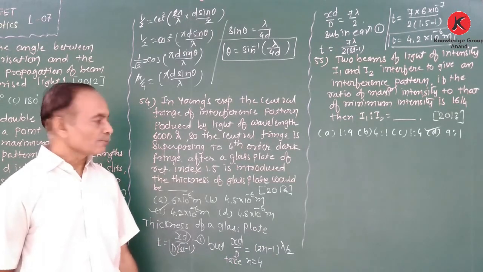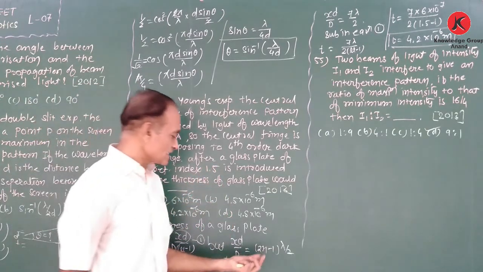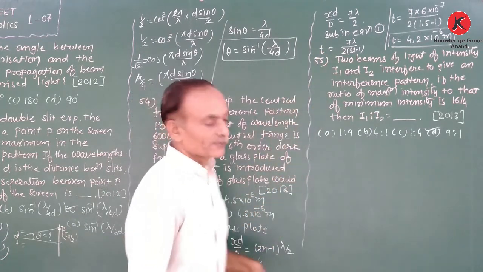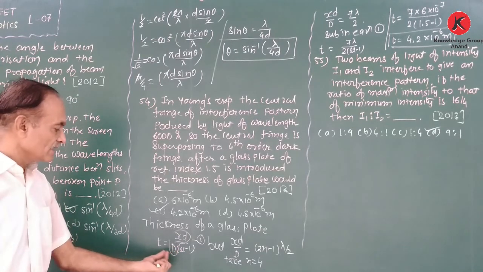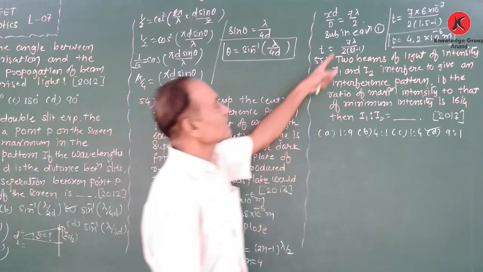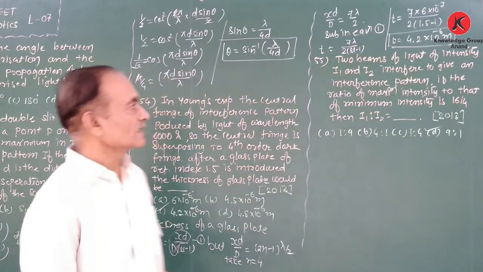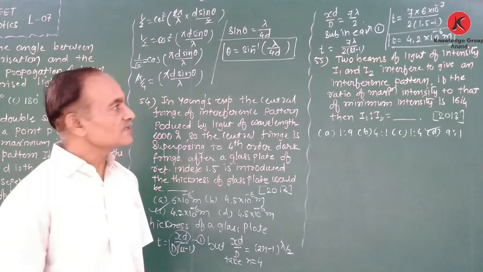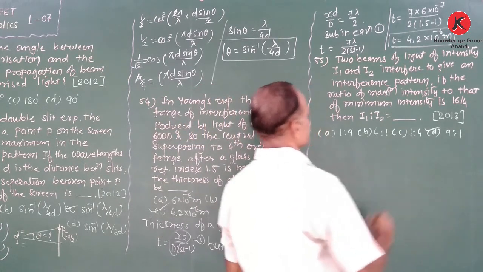Take n is equal to 4 because the fourth dark fringe is superposed. Therefore, xd upon capital D is equal to 7 lambda by 2. Substitute this value in equation 1. Therefore, T is equal to 7 lambda upon 2 into (mu minus 1). Lambda is given, mu is given, substitute and find the thickness of the glass plate, 4.2 into 10 to the power minus 6 meters.